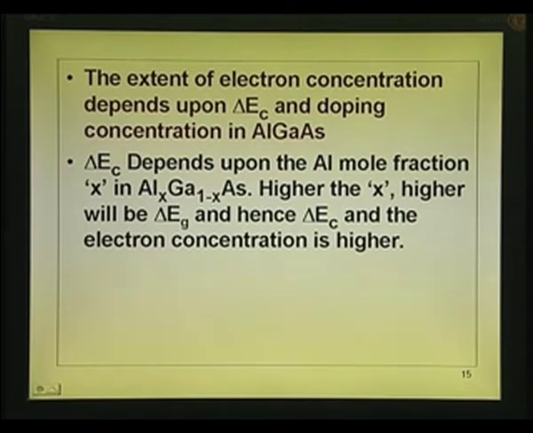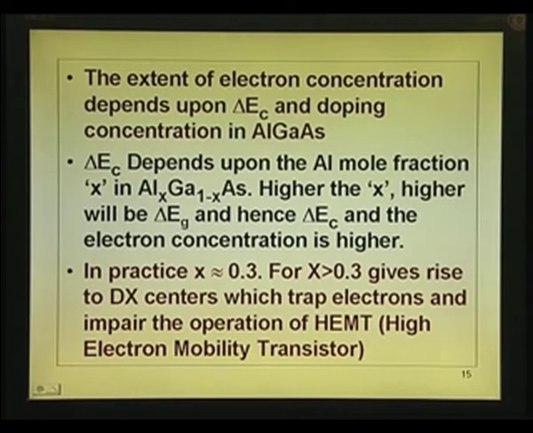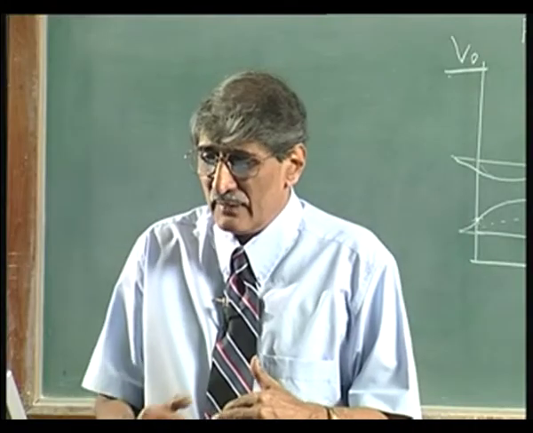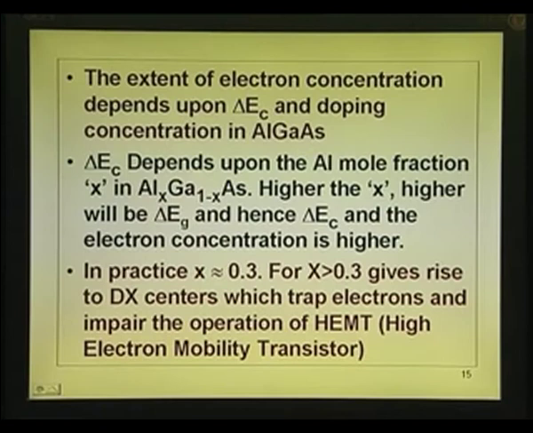But it does not work out that way, because when you add more and more aluminum, somehow defects get introduced, and people have called those defect centers DX centers. I do not know why they call them by that name. They are defective trap centers which tend to trap electrons, and the performance of the HEMT suffers from that, number 1. Number 2 is, okay, so that is why they limited x to about 0.3.